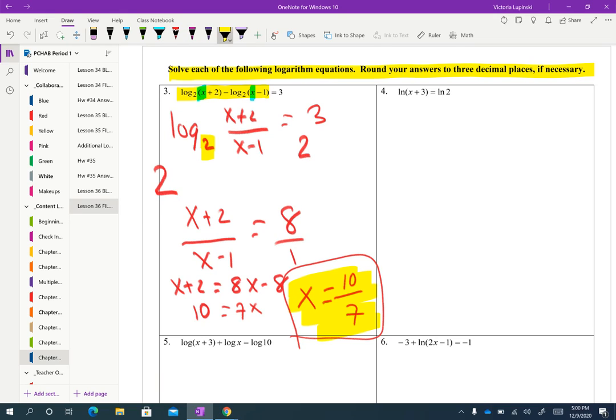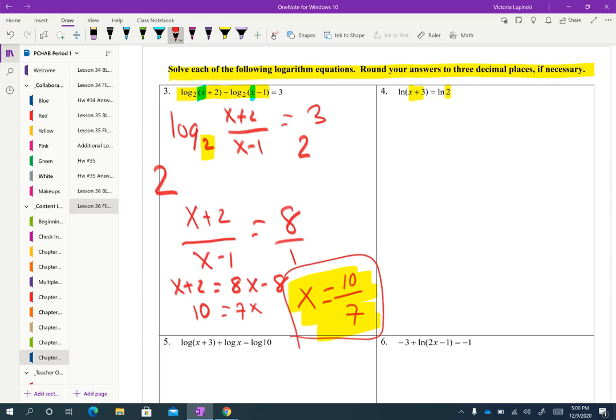Notice in number 4, we actually have ln's on both sides. So this is what we saw a few lessons ago, where if you have logs on both sides, you can essentially just set them equal. Just to be clear, if you don't want to remember 2 different techniques, you could solve number 4 exactly the same way you solved number 3 by exponentiating both sides.